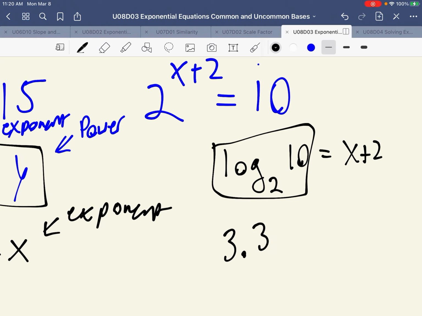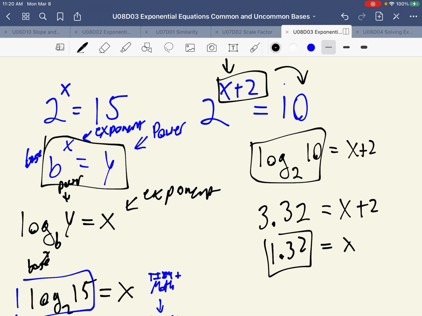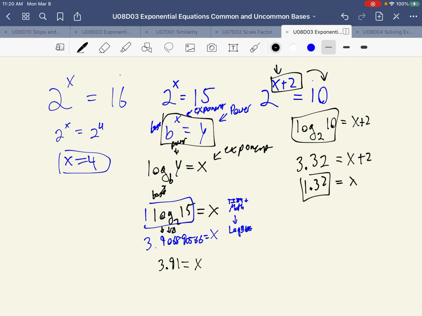And I get 3.32. So that is the exponent that I need to get 10, but that isn't the question. So I'm just going to write x plus 2 equals 3.32 and solve for x. So x is going to be equal to 1.32. So if that value was plugged in here, the exponent would be 3.32, which would give us 10.